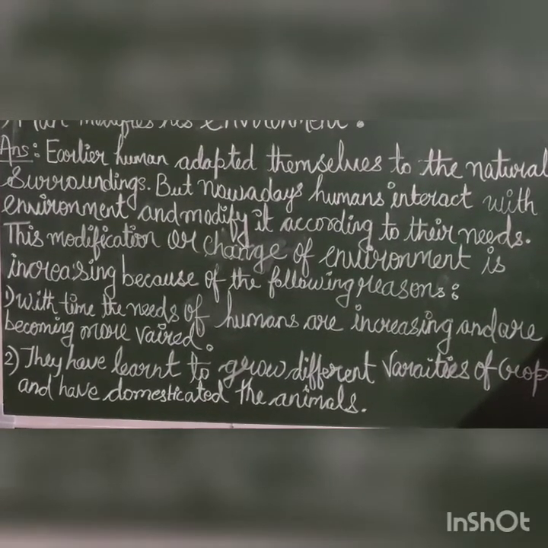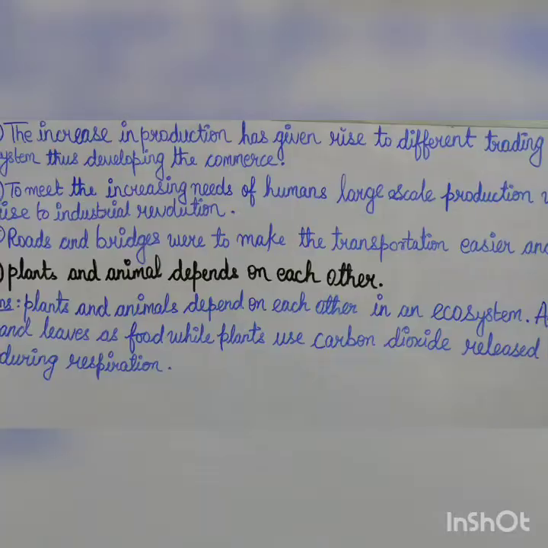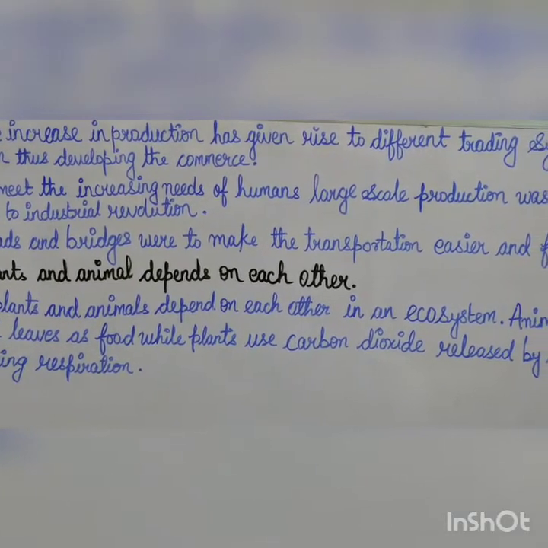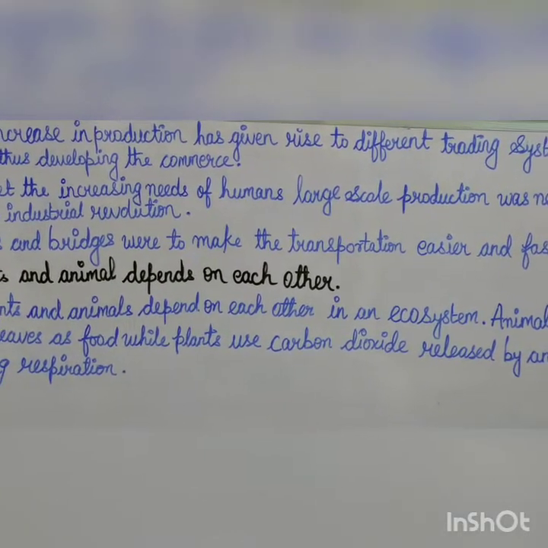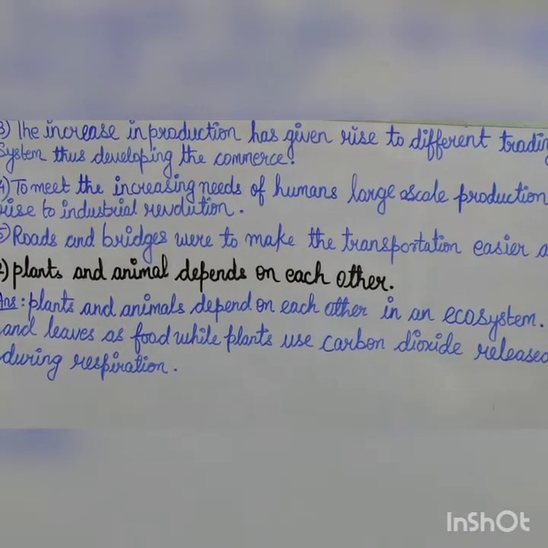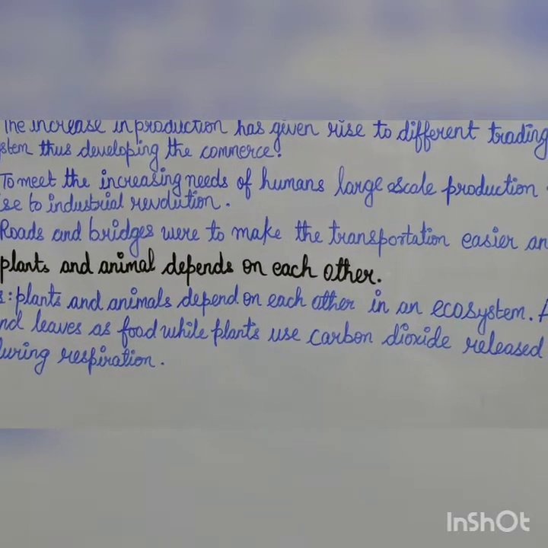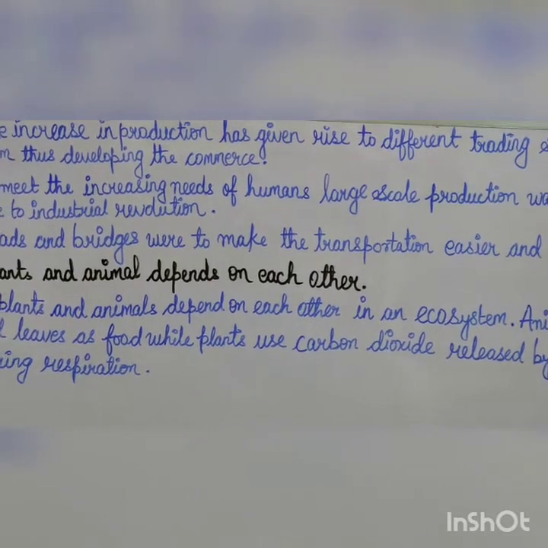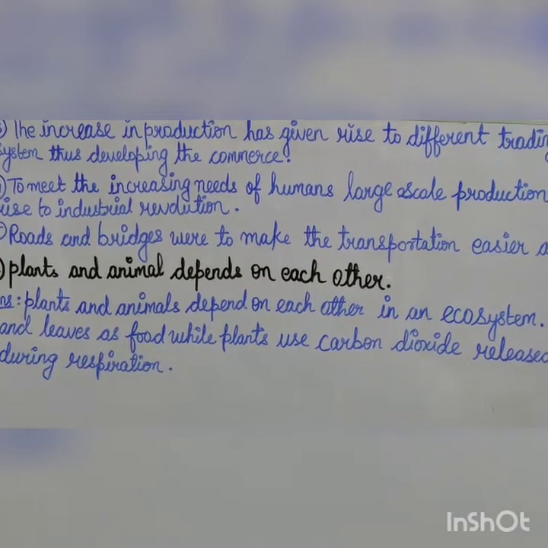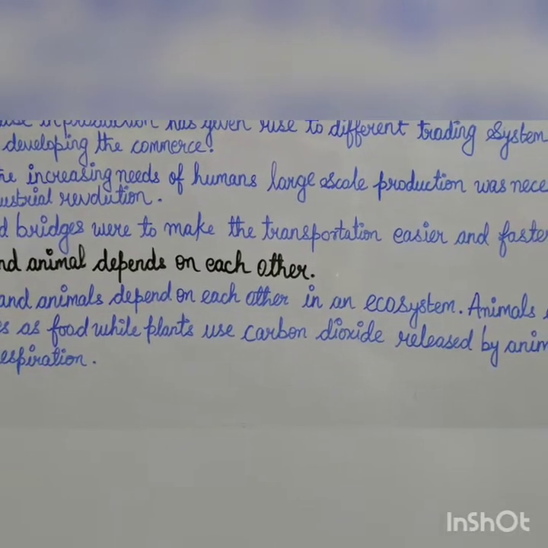They have learned to grow different varieties of crops and have domesticated animals. Next point, the increase in production has given rise to different trading systems like the barter system, thus developing commerce. Fourth point, to meet the increasing needs of humans, large scale production was necessary, giving rise to the industrial revolution. Fifth point, roads and bridges were made to make transportation easier and faster.